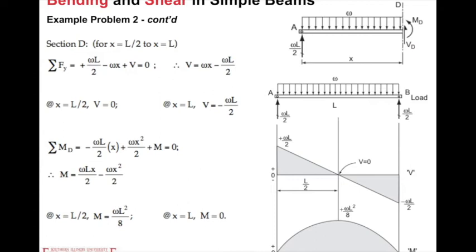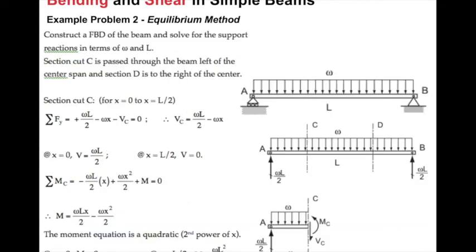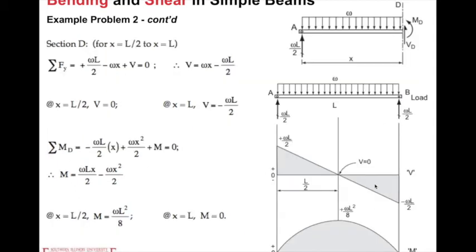But for distributed loads, actually we only need to cut one time. For example, for this one, if we know this pattern, we only need one section cut, that is C, and the x range should be from 0 to L. So that's enough. We don't need to cut at C and then have another cut D to prove they are the same.